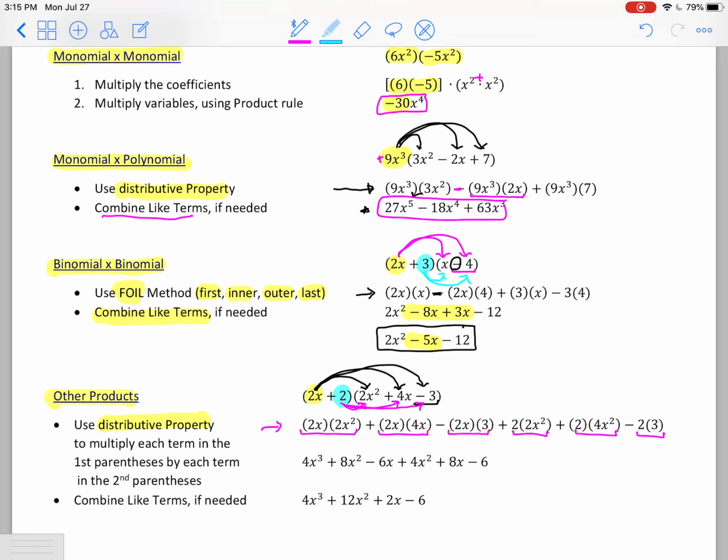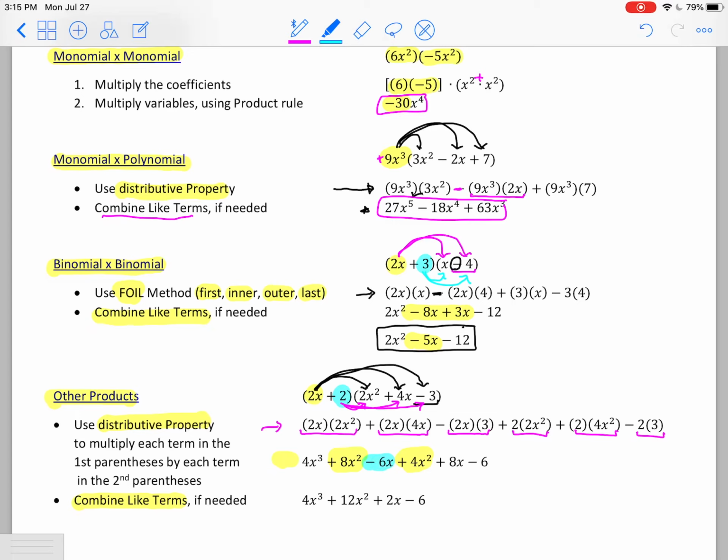Okay, so then we're down here where we have combining like terms if necessary, and you can see when we look through this step right here, we do have some terms that need to be combined. We've got this 8x squared plus another 4x squared, which is going to give us the 12x squared.